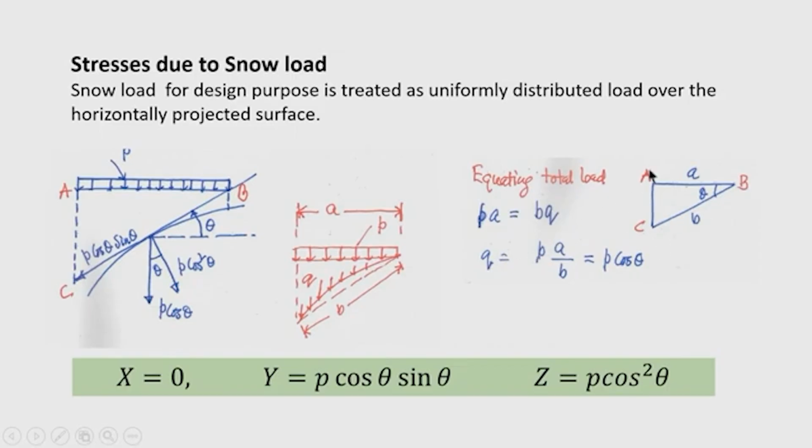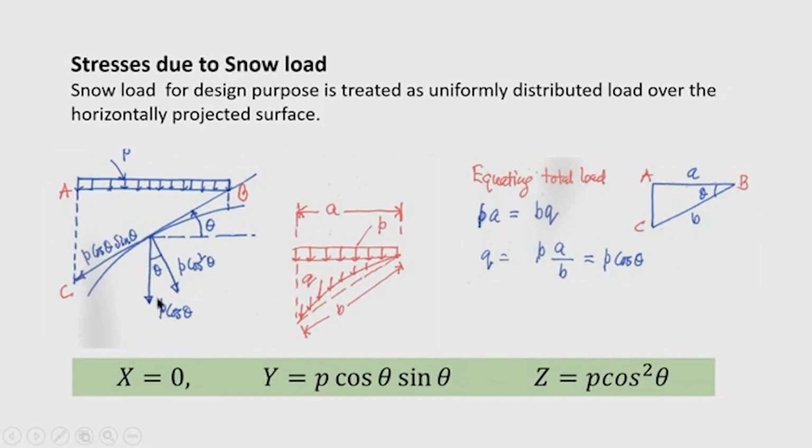So Q, that is the vertical component of the load, is nothing but P cos theta. Therefore this load is written as P cos theta, because P is the intensity of the load over the horizontally projected surface. Now it is converted to the load along the surface of the shell, so it becomes P cos theta.